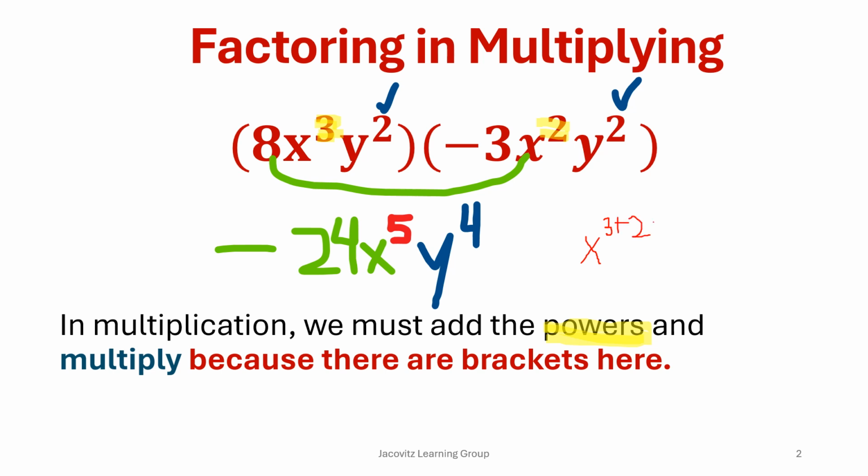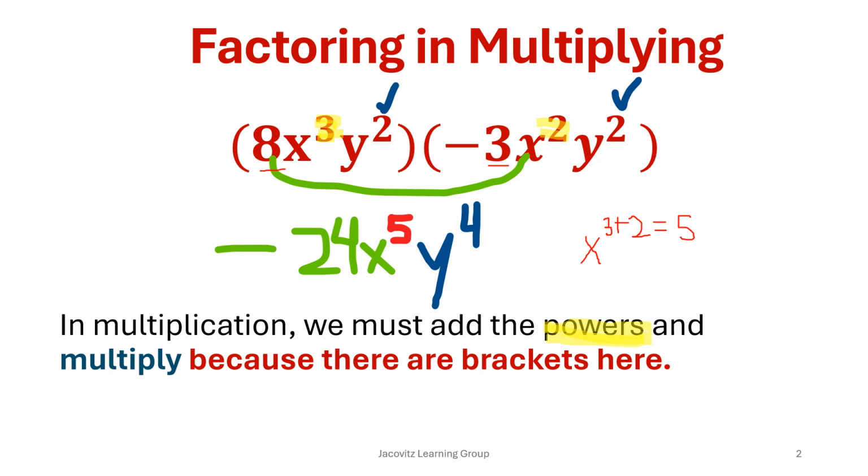Now, here's what makes this so hard. You are multiplying the constants, which are the numbers, but you are adding powers. And that seems very unfair, but that's the way it is. When you do this, this is positive 8 times negative 3, which is negative 24.